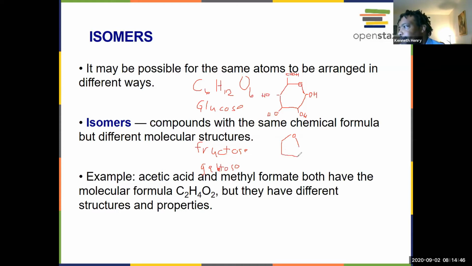Fructose is a 5-ring structure. Okay, so structurally, they're different.